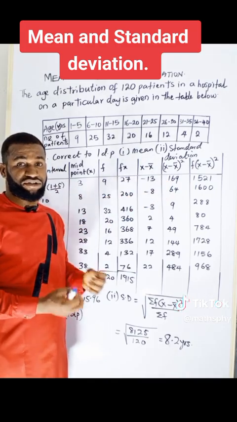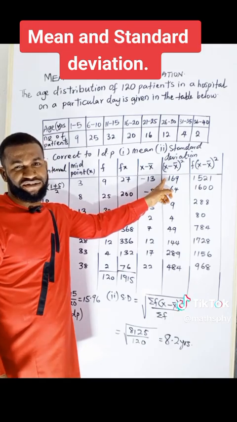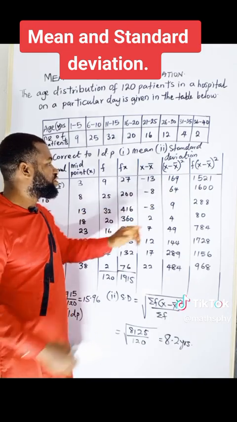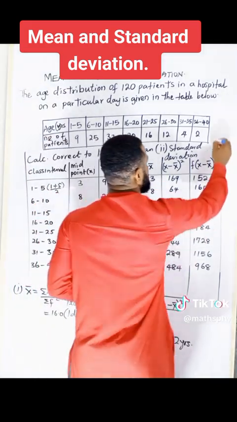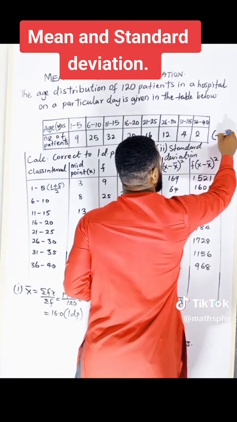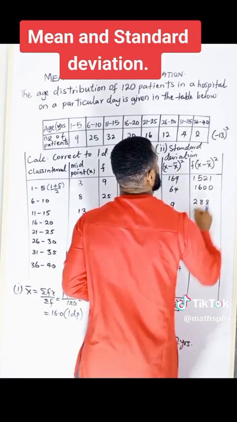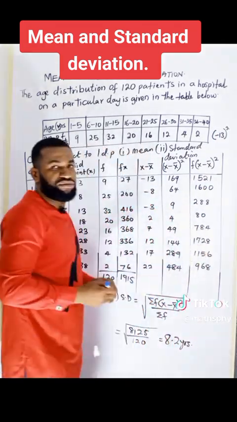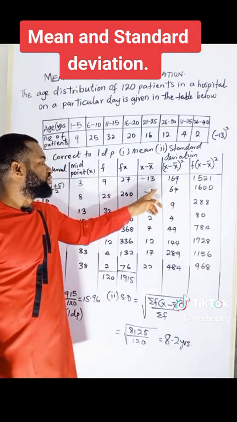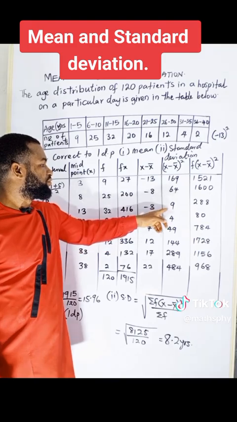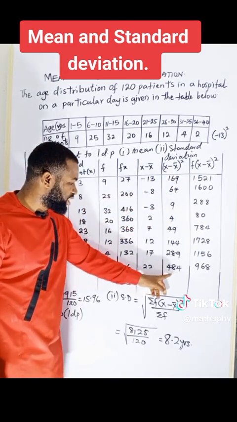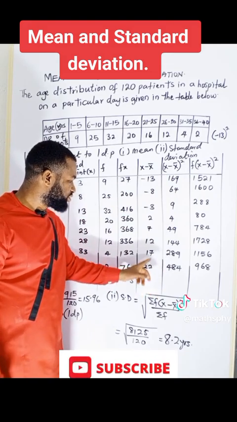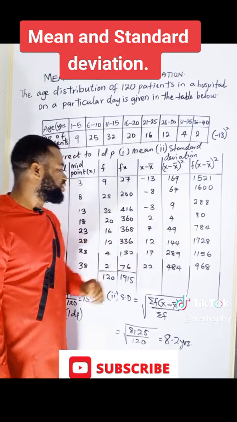On your calculator, put the minus 13 in brackets, then square; that is when you will be able to get plus 169. Do the same for minus 8, do the same for minus 3. Square this one, you get this. Square this, you get this.